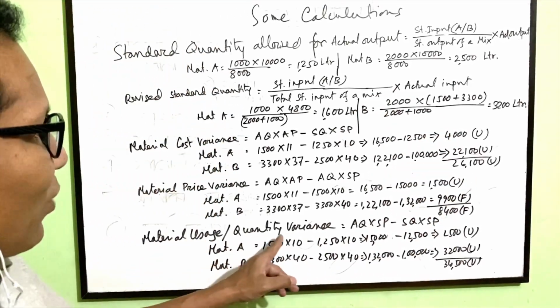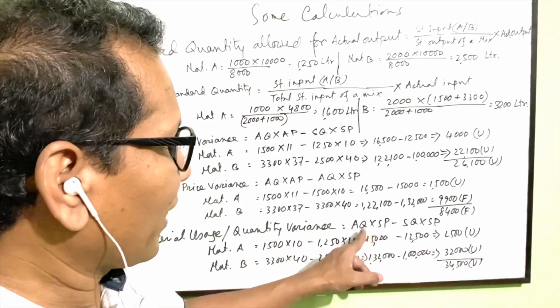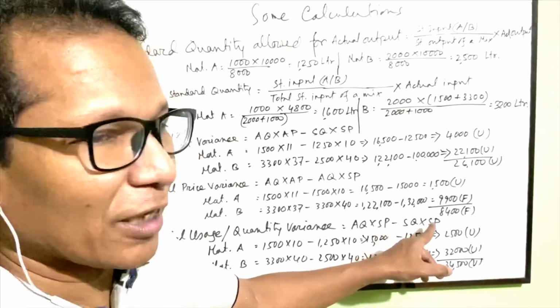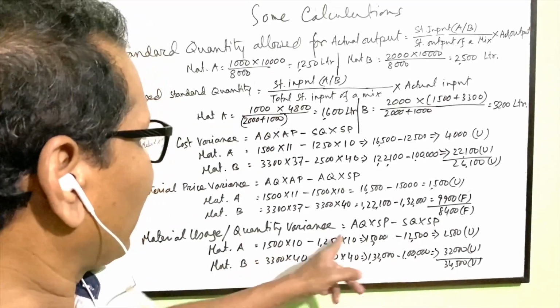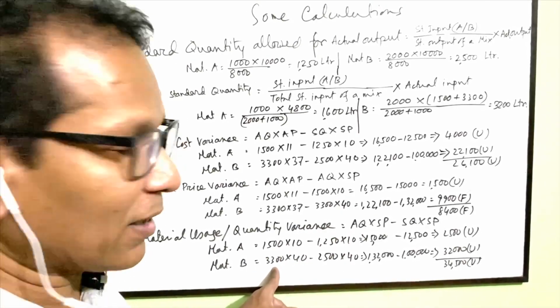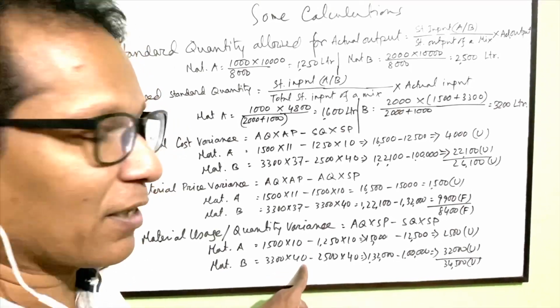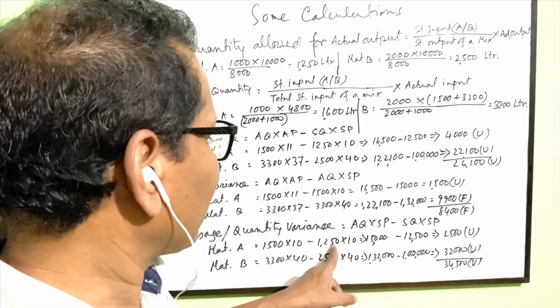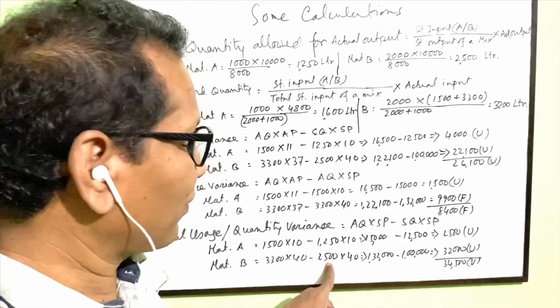Material usage or quantity variance. Here is the formula: AQ into SP minus SQ into SP. We put the figures here. AQ 1500, here 3300, standard price 10, standard price for B 40, standard quantity 1250, and here 2500.